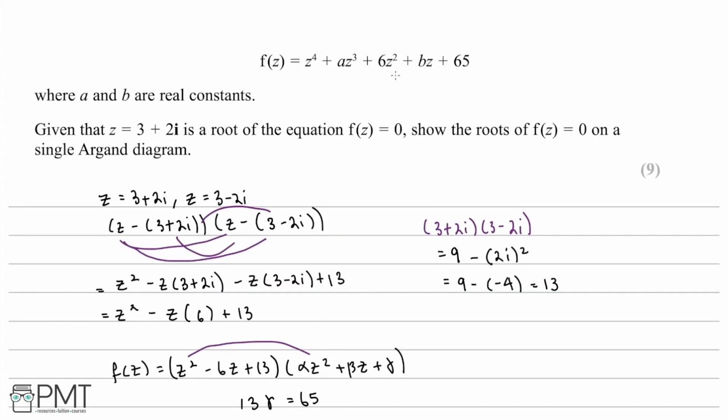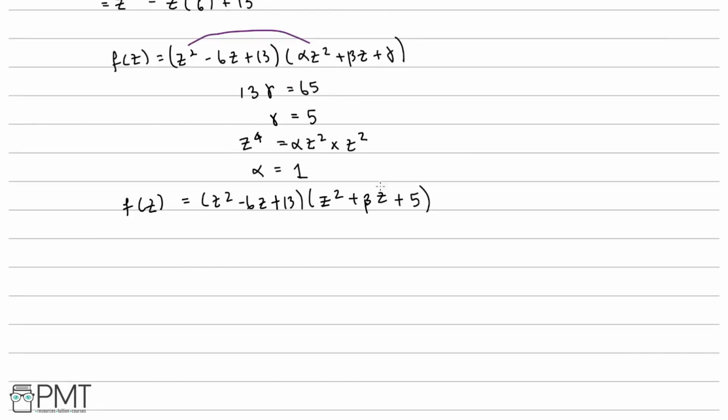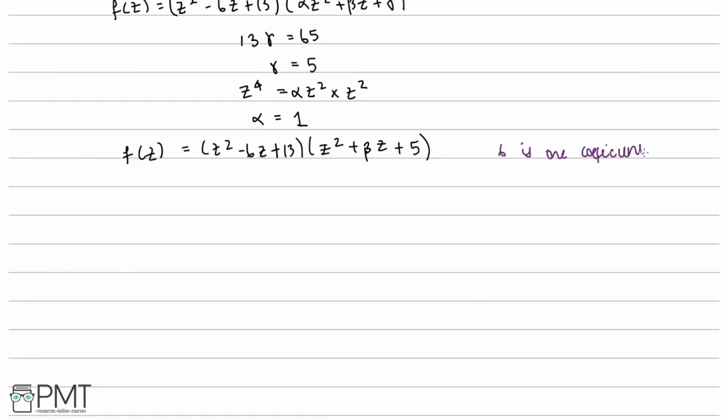In order to find the value of beta, we need to use this fact. 6 is the coefficient of z squared for f of z. So we know that 6 is the coefficient of z squared of f of z, and thus we can use some more inspection to find out the value of beta. Well, how do we get z squared from these two quadratics? If you were to expand out these quadratics fully, which we don't want to do by the way because that would take too much time.